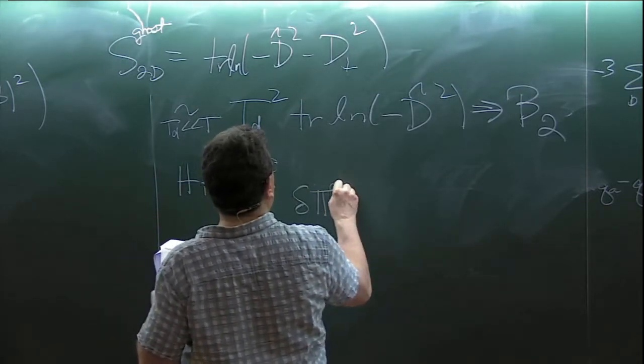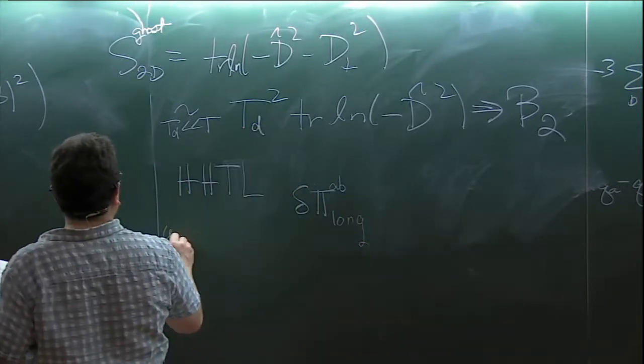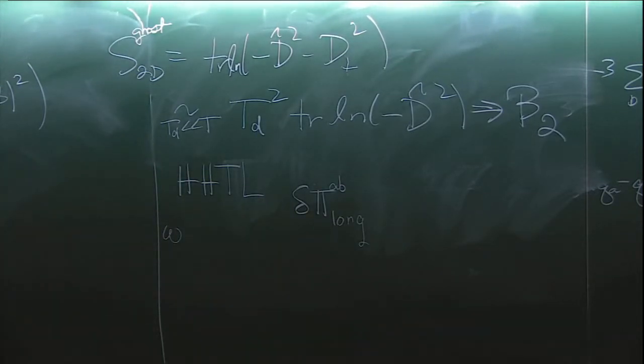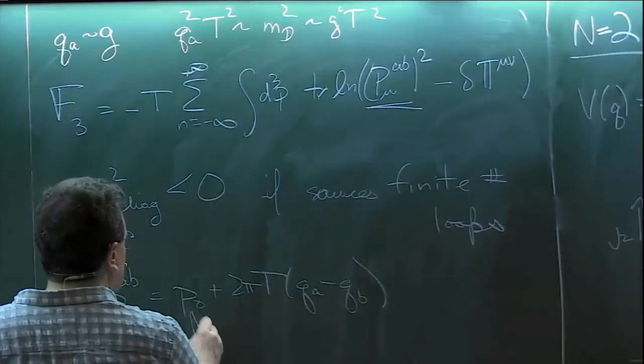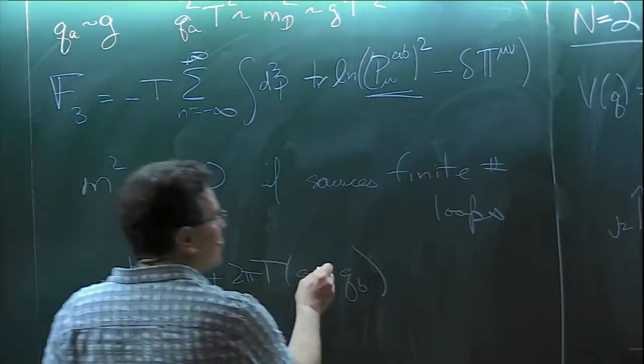But for example, for the longitudinal component, I should have said when you compute this F3 term, for this thing to be soft, we have P naught AB, this is P naught plus 2 pi T (QA minus QB). This has to be equal to 0 for this to be soft, and the Q's are of order g.